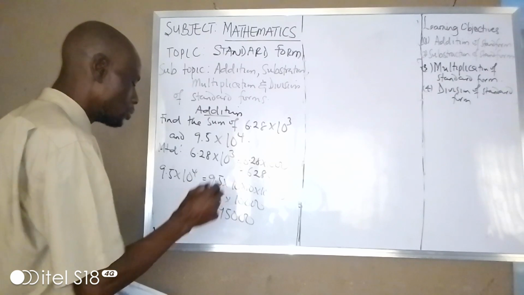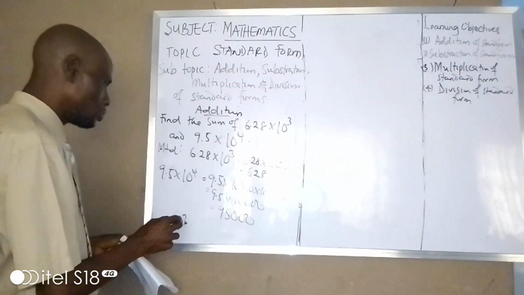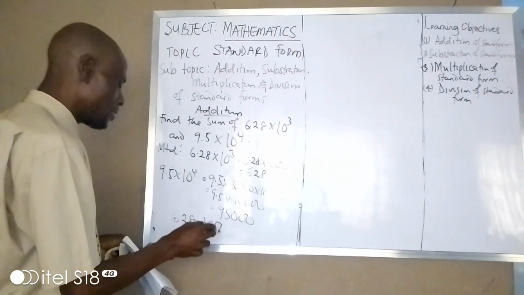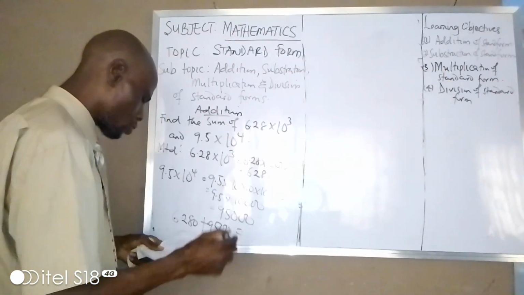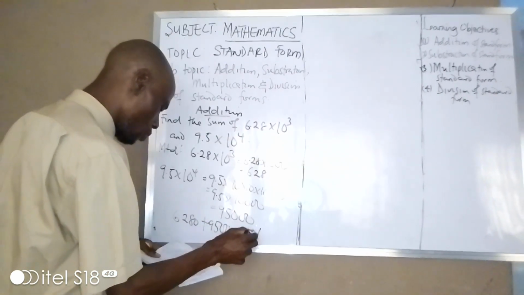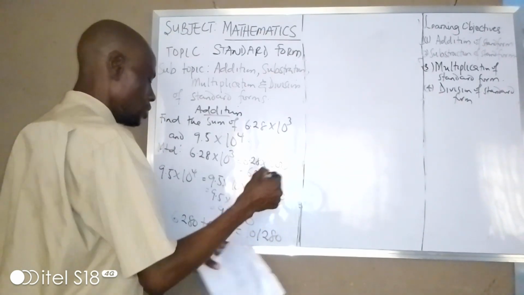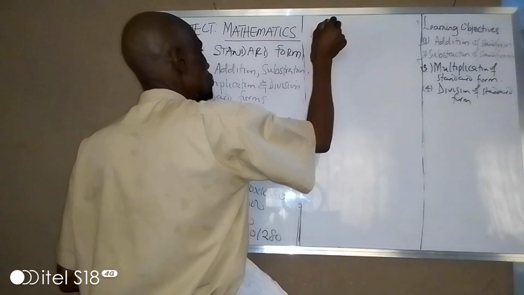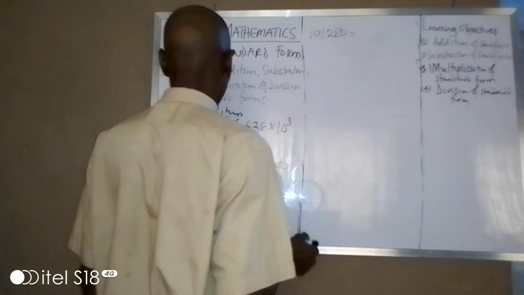Let us now add them together. You now have 6280 plus 9500. When you add them together, it gives us 101280. Now leave it in standard form.